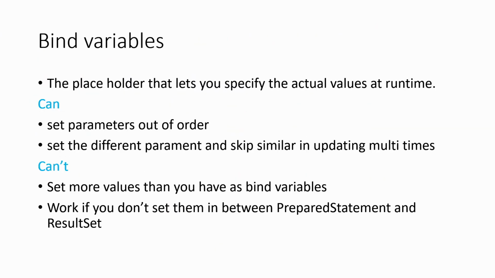Okay, next, bind variables. Bind variables are like a placeholder that lets you specify the actual values at runtime. And bind variables can be set in any order, and bind variables are counted starting with 1 rather than 0.